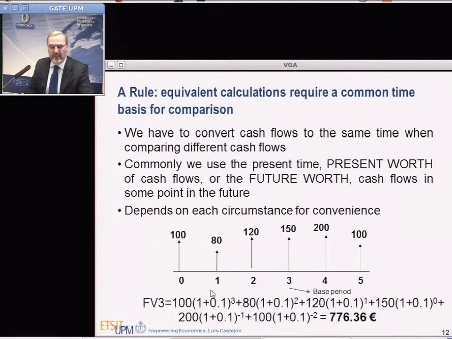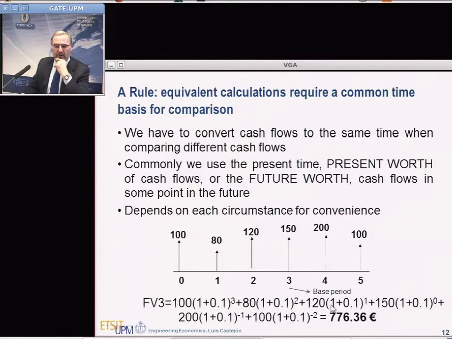So in the formula for the base period 3, the cash flow of 150 euros is 150 times 1 plus the interest rate to the 0 power. What is the 0 power? Because it's 3 minus 3. So this factor is 1, so we don't move forward or backward the cash flow of the base period.